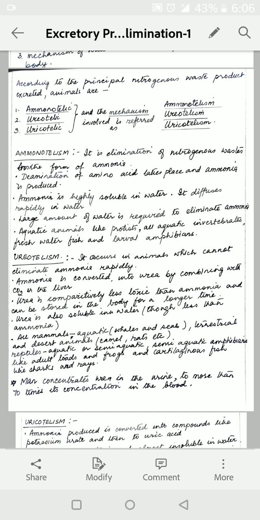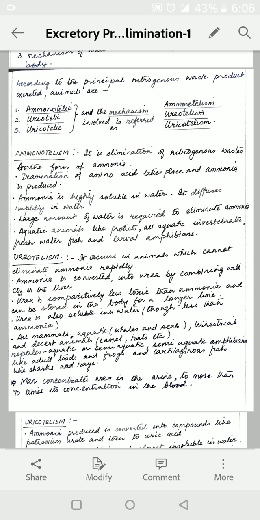And in this process, a large amount of energy is required so that ammonia can convert to urea. And urea is less toxic than ammonia, and it can be stored in the body for a longer time.